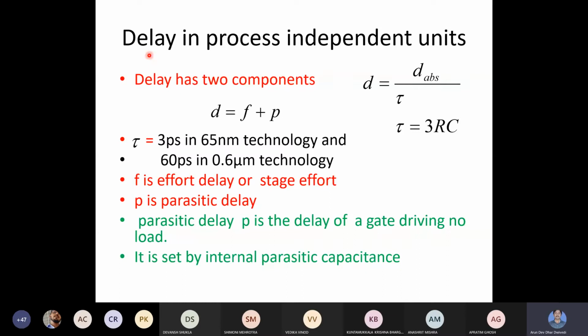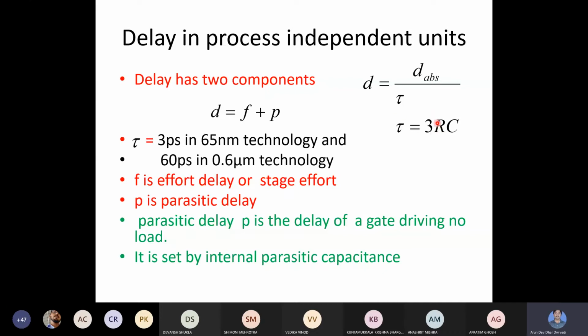So for that we should understand this new thing, that is delay, which is independent of process parameters, independent of fabrication related parameters L, W, or mobility, or K or K dash, various parameters we have seen. So delay is also defined as the absolute delay divided by tau.